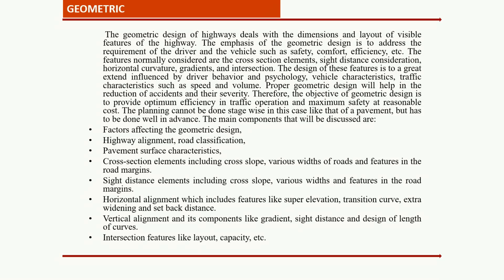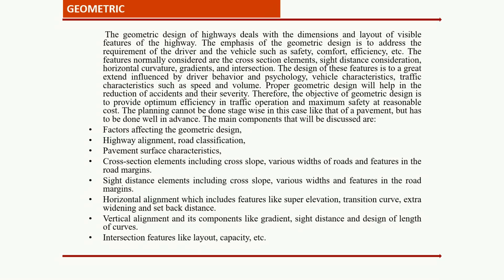Which include the pavement surface, which include the highway alignment, what type of cross slope we are providing, what is the width of the road, what intersections we are providing, which type of curves we are using, whether it is a transition curve, extra widening, then how horizontal alignment we are providing, what type of gradient is there, and how side distance can be measured.